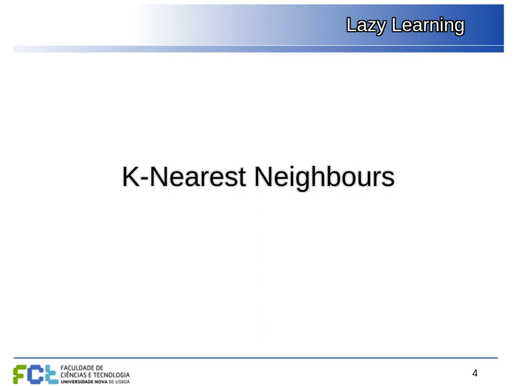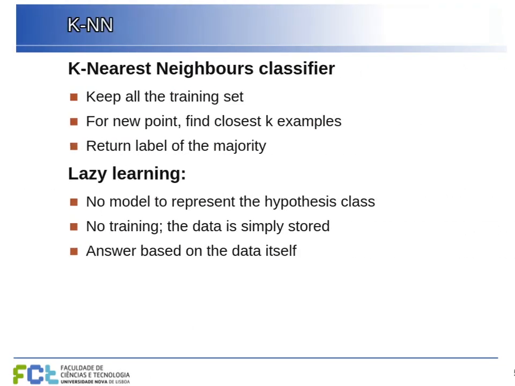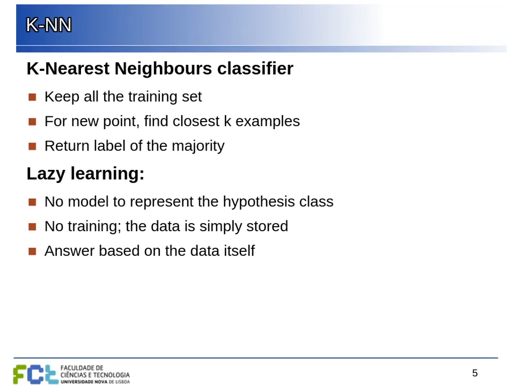So let's see an example of this with k-nearest neighbors. The idea of the algorithm is that given a training set where we have features and the class labels, this is a classification problem, we just store all the training set.